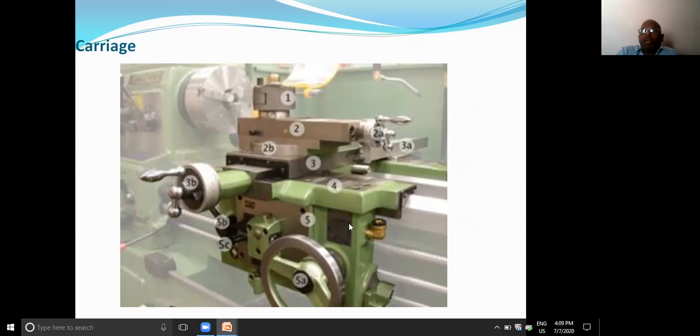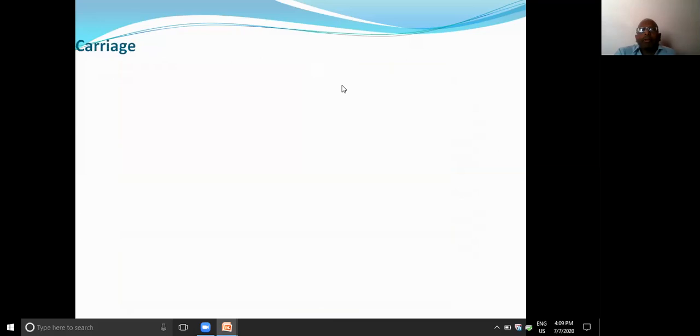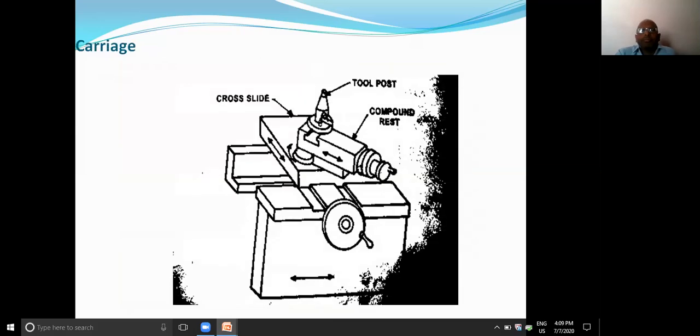That's why this total unit is called the carriage. This diagram is for our idea: the tool post is mounted over the compound rest, the compound rest is mounted over the cross slide, and the cross slide is placed over the carriage.